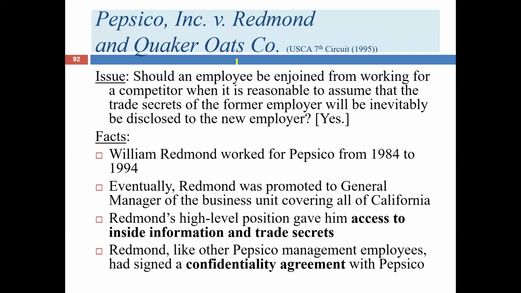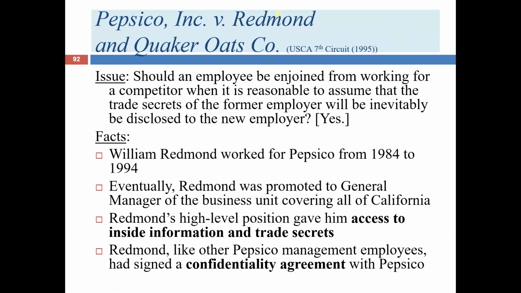Should an employee, in this case Redmond, be enjoined, to be stopped from working for a competitor, Quaker Oats, when it is reasonable to assume that the trade secrets of the former employer, PepsiCo, will be inevitably disclosed to the new employer? And the answer this court came up with was yes.